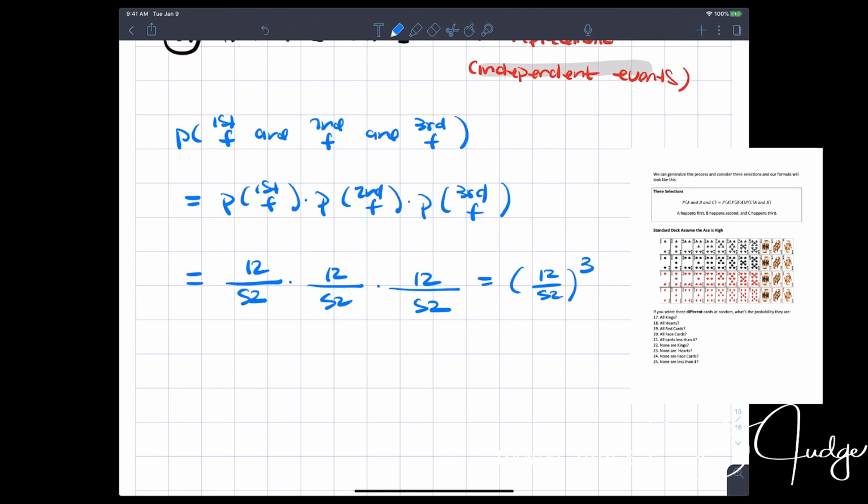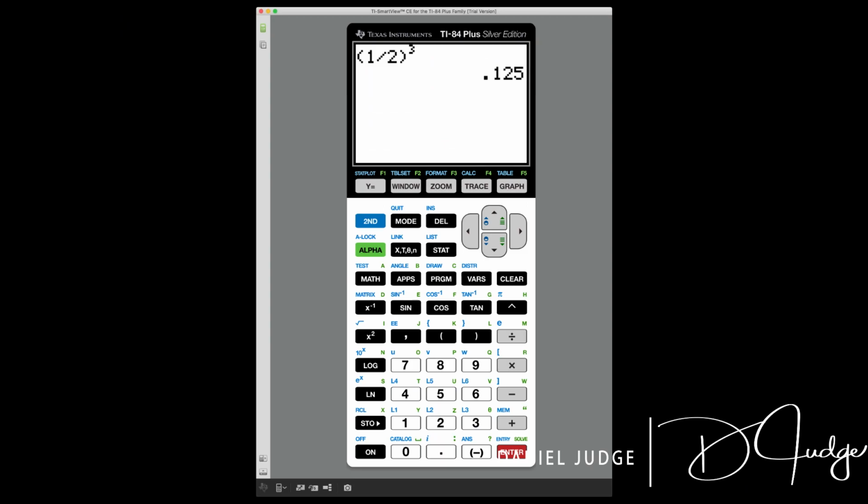Our TI comes into play. And we can say now 12 divided by 52 raised to the 3rd power.